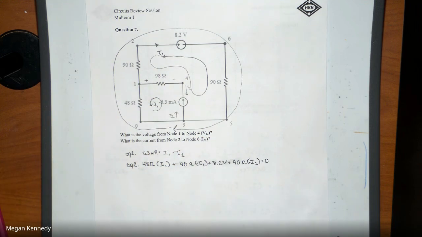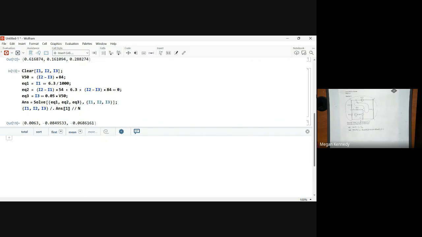We will be using our favorite linear algebra tool, which mine also happens to be Mathematica. So we're first going to clear all our variables: I1, I2, Q1, and Q2.